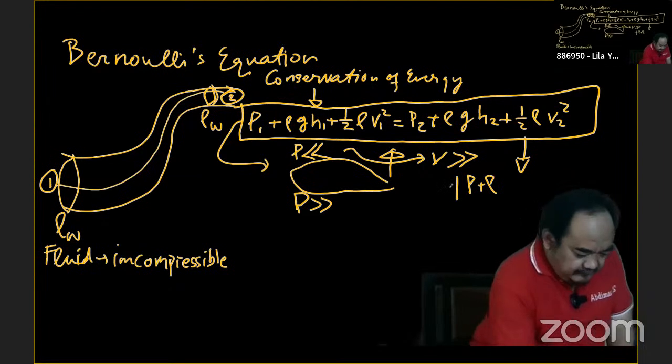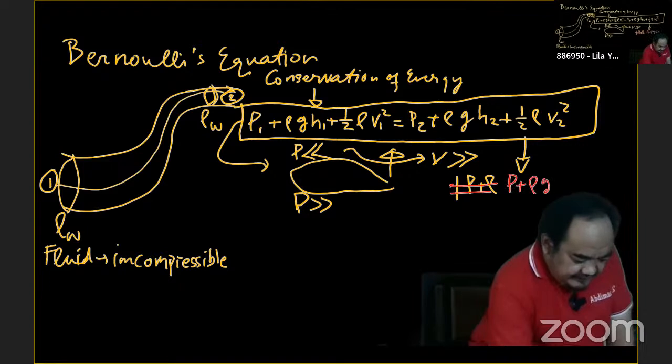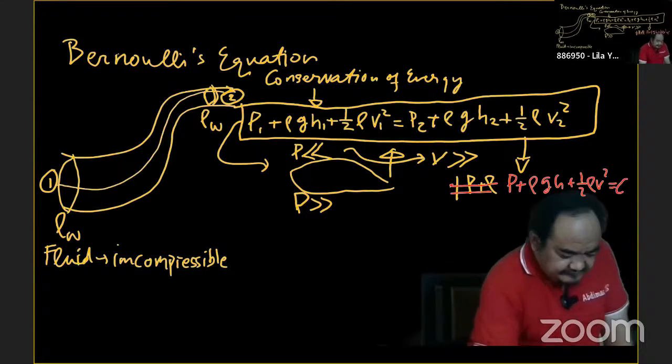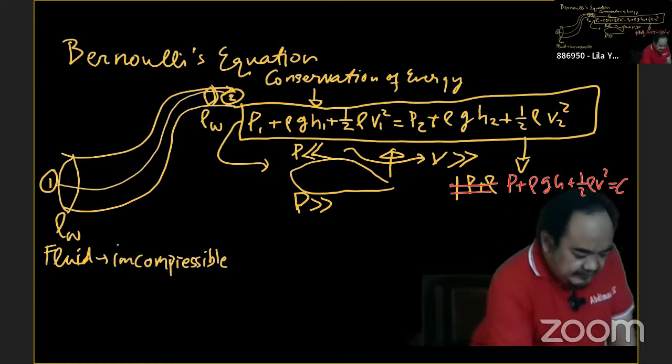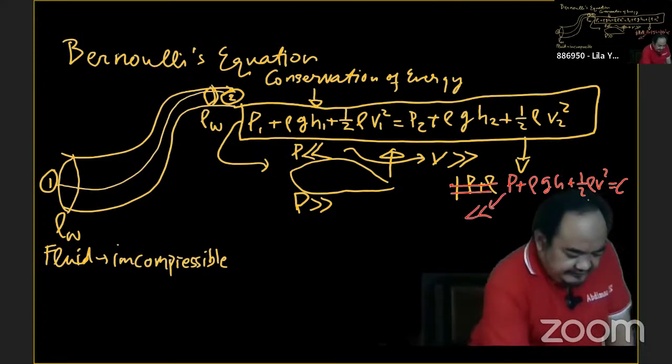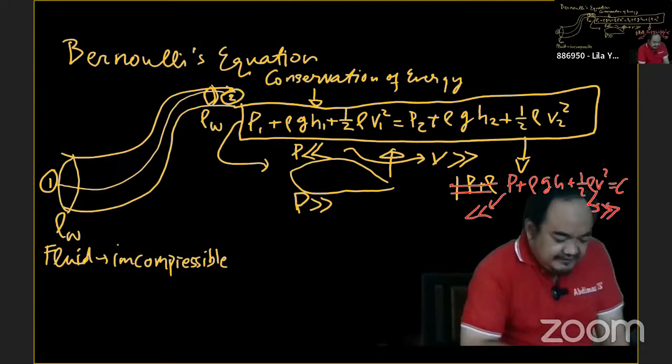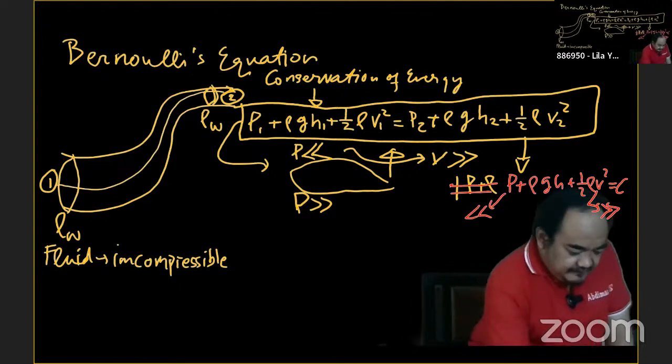I will ignore this. So to reach a smaller P, we have to increase the velocity, because the sum of these terms is constant.